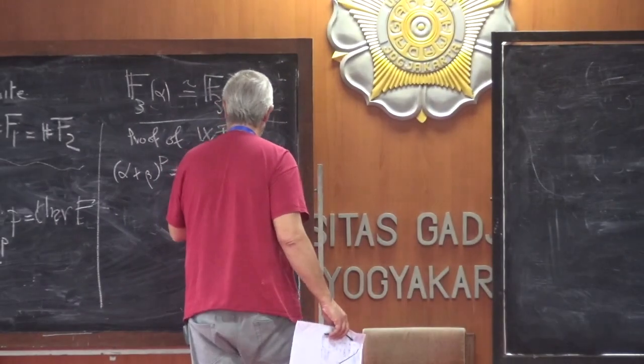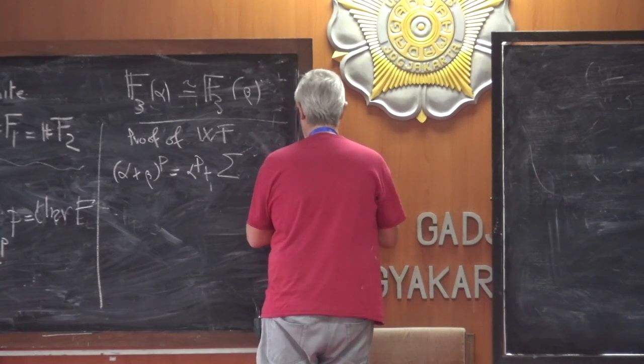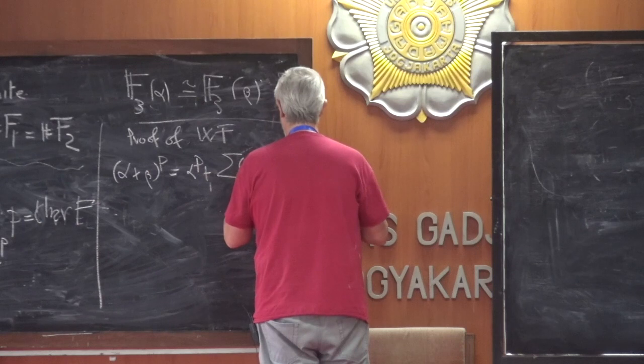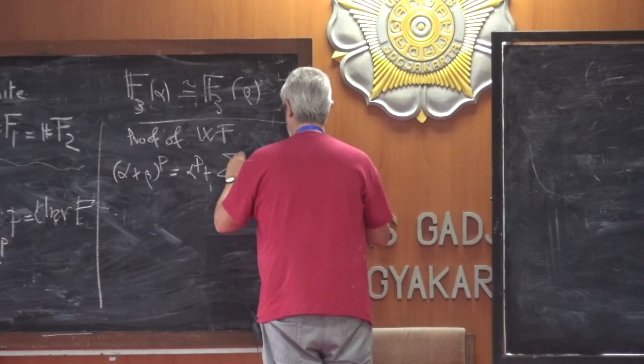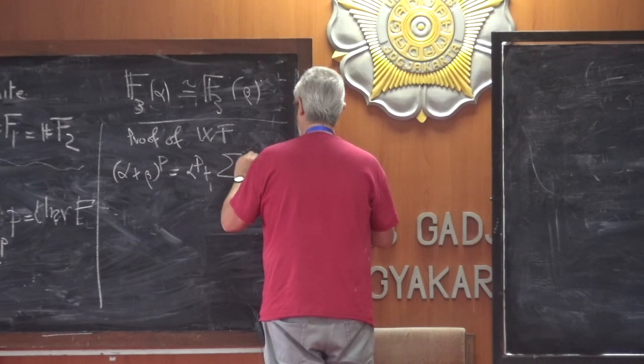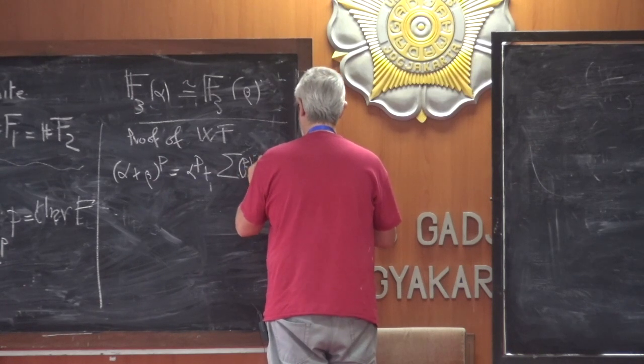So it is alpha to the power P. Then there is a certain sum, and then there is a beta to the power P. And this sum has a certain binomial coefficient, P choose J, and then here there's alpha to the J, beta to the P minus J.